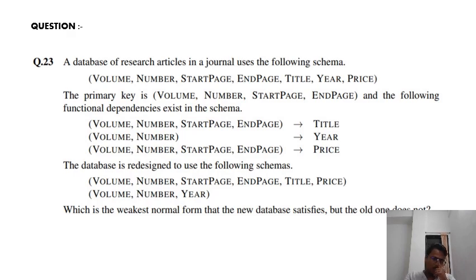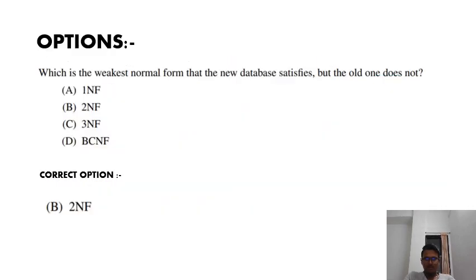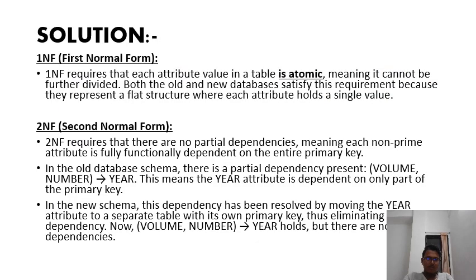Now, a database research article uses the following schema, as all the things are given in the question. Which of the following normal forms does the new database satisfy that the old one doesn't? The answer is 2NF. So, here is the solution.